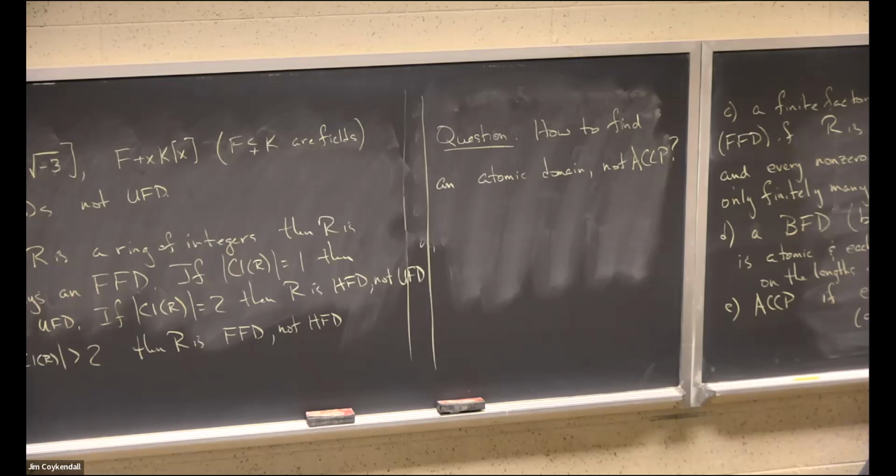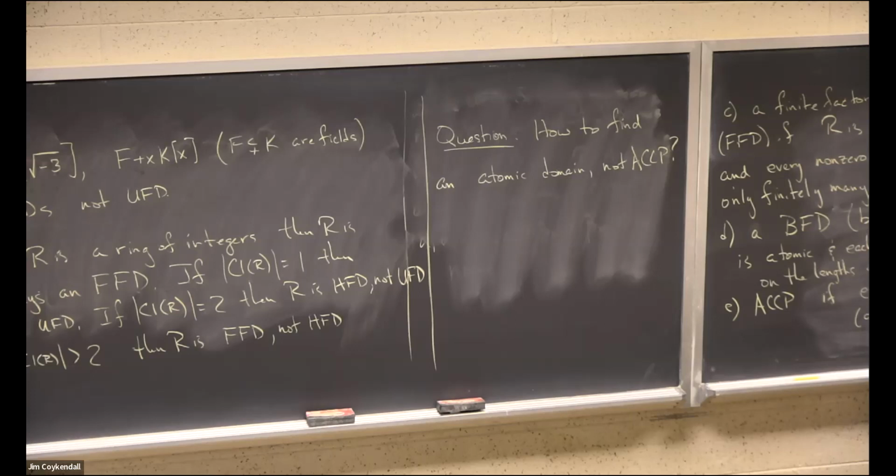Doesn't that mean that if you have a chain of ideals, take this element that you want to factor, it's got some factor here, and now that's got some factor here, doesn't that have to terminate? In this case, atomic would be more like the Artinian condition, and ACCP is more like the Noetherian condition. Well, I don't know. That's an interesting analog, but I don't know if it spreads that much.